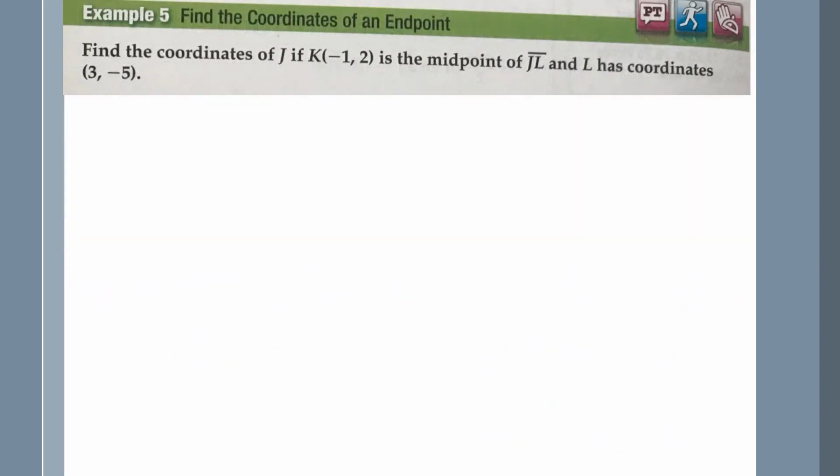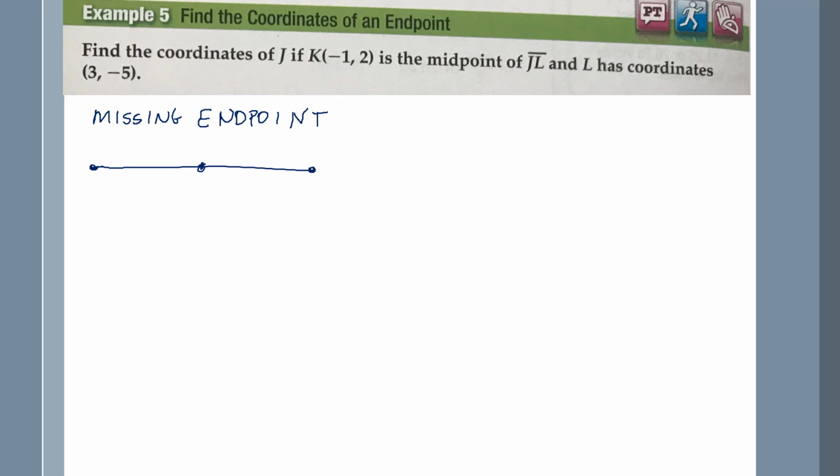Okay, find the coordinates of J if K at negative 1, 2 is the midpoint of segment JL, and L has coordinates 3, negative 5. So this is a missing endpoint problem. The first thing I tell students to do here is to just draw a segment and label it.